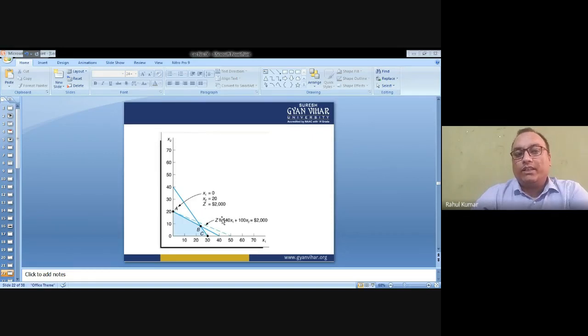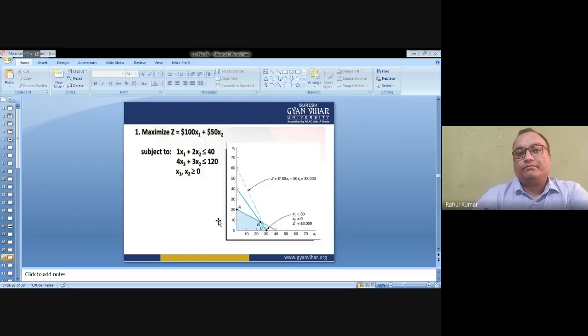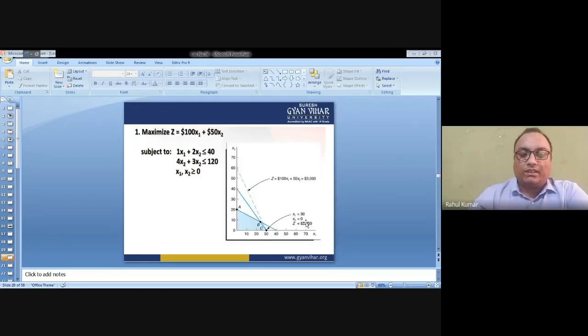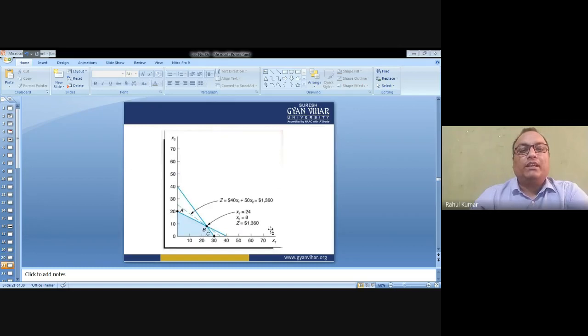So what will be seen here? If I put this first C value, x1 equal to 30 and x2 equal to 0, then you will get a maximum function value of 3000, right? But in this other case, the function value is 1360, which is less than this optimal solution.